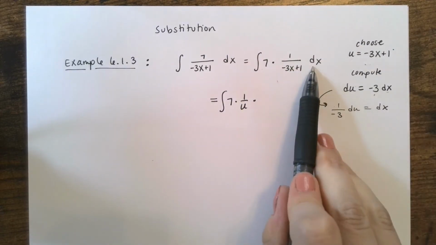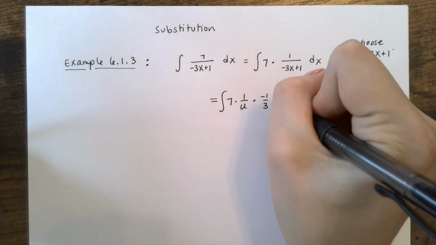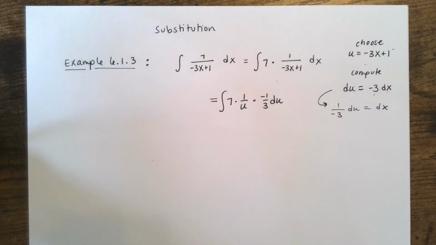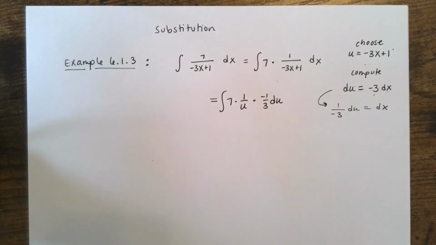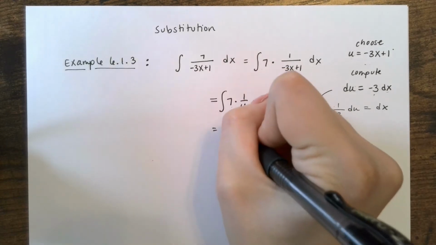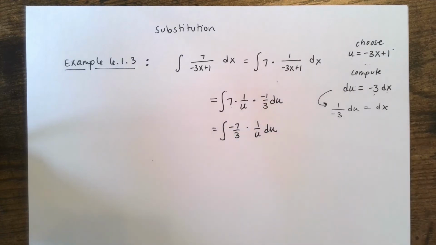And then for dx, I now have this perfect swap for negative 1/3 du. So I'm going to take one extra step here before I actually integrate and just combine the 7 and the negative 1/3, because those are just constants. I'll combine them into one number, and that'll carry down into my final answer.